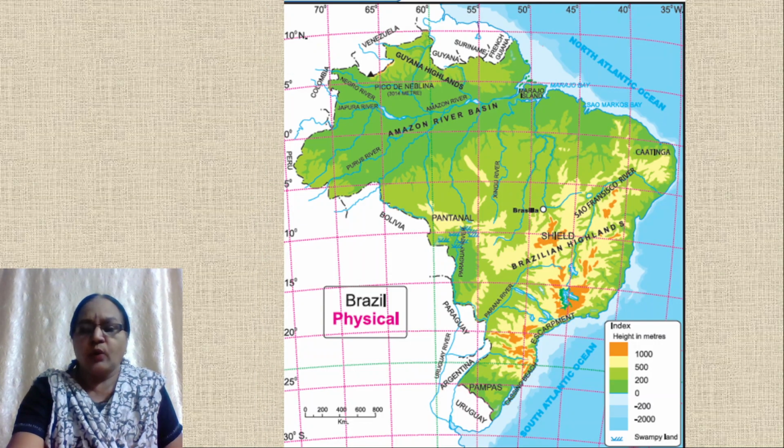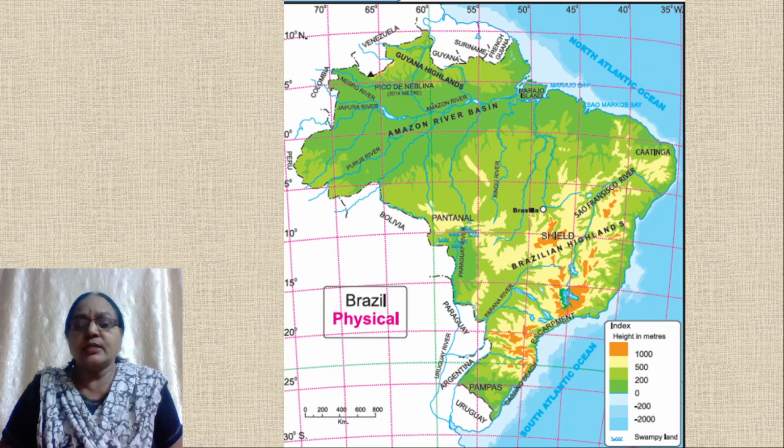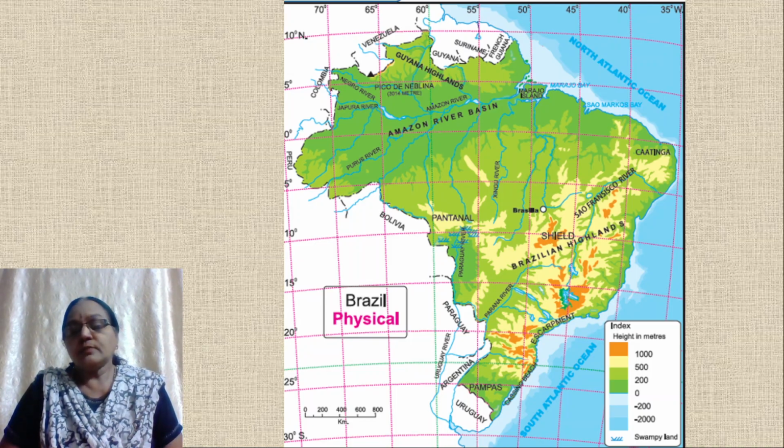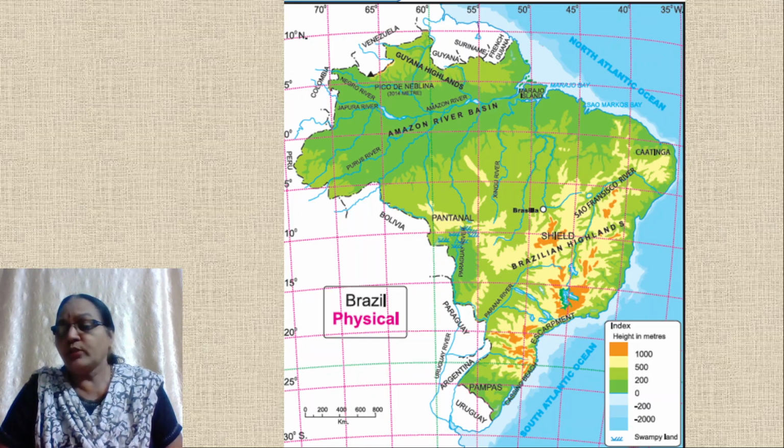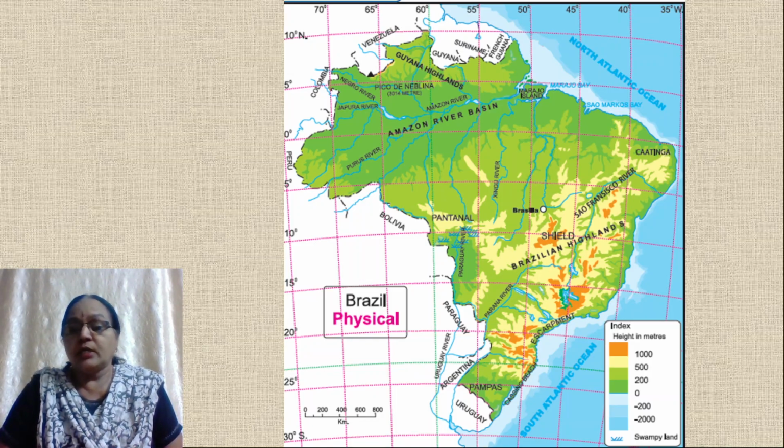Next, this is the physical map of Brazil. Again, in the index you will find the height in meters is given, and various colors are seen. You will find the highest altitude here is more than 1,000 meters, shown by the orange color.